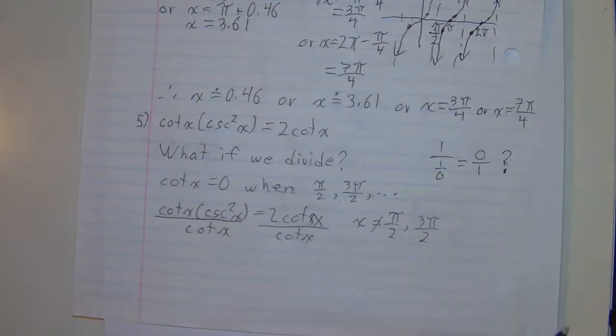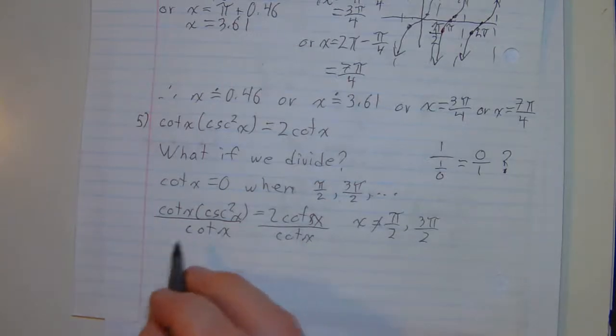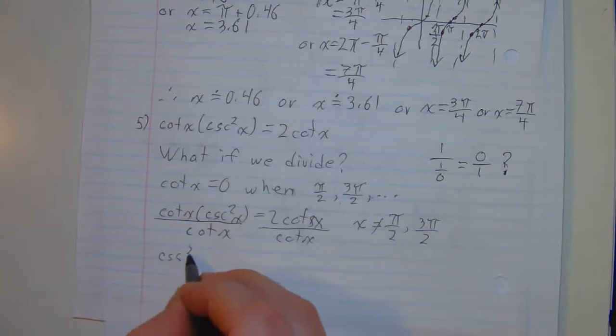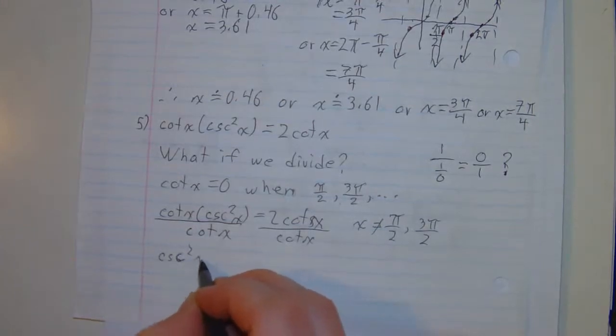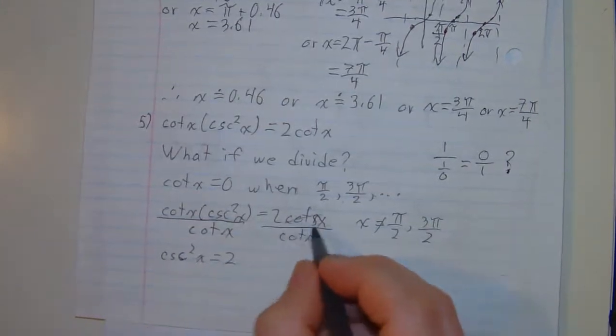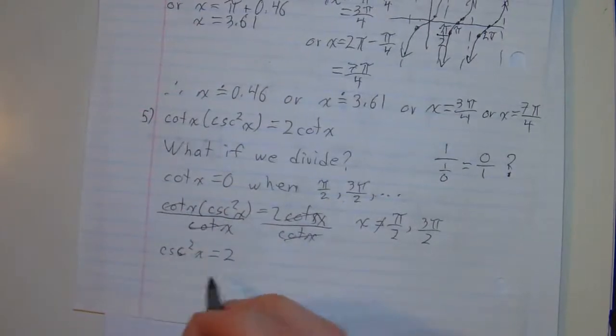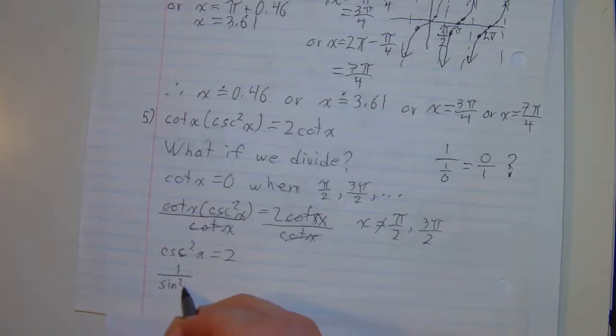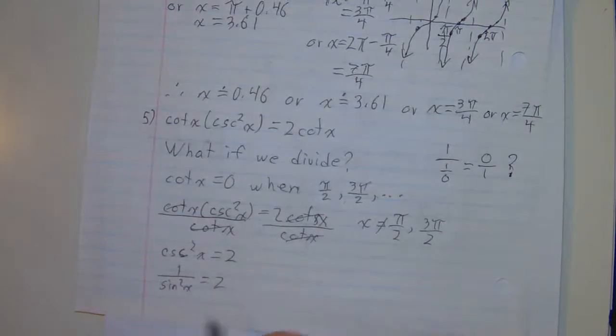So both of those are taken off the table by doing this. We're going to need to check them later. So then we're going to get cosecant squared x equals 2. And that means 1 over sine squared x equals 2.